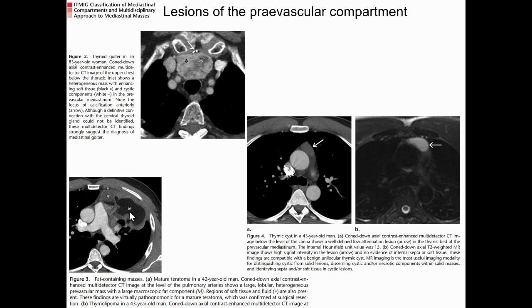This would be a little bit more frightening to look at because it seems that this mass is invading the mediastinum, the interior thoracic cage as it is, and it contains some fatty areas, this really dark area. You can see that the color is almost the same as this subcutaneous fat, and it also contains some fluid, but due to the fact that it contains fat, and the fact that it's in the anterior mediastinum, it's probably a teratoma.